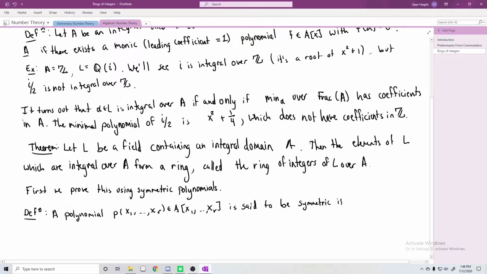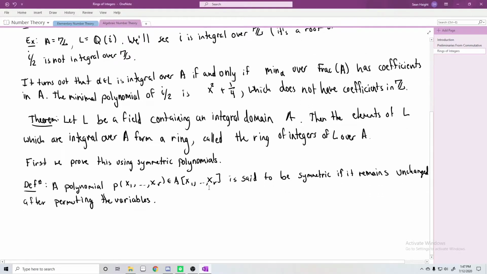if it remains unchanged after swapping the variables. So, okay, something like, so for example, I guess formally, what do I mean by this?